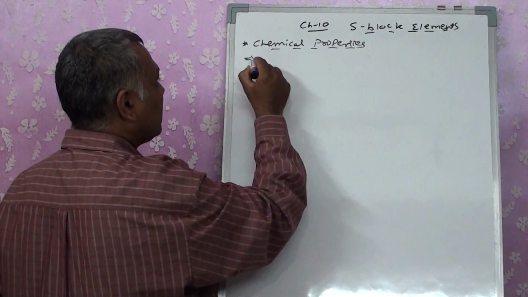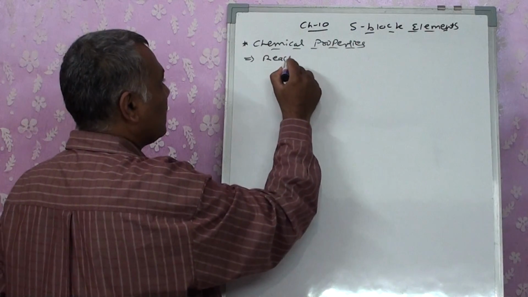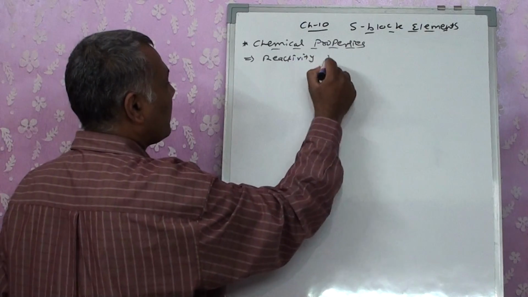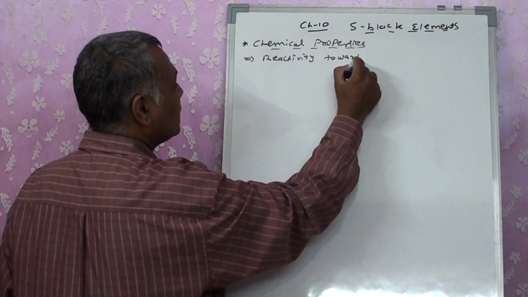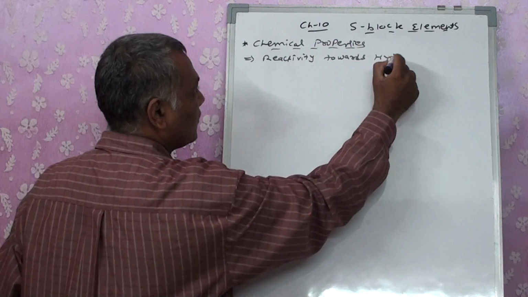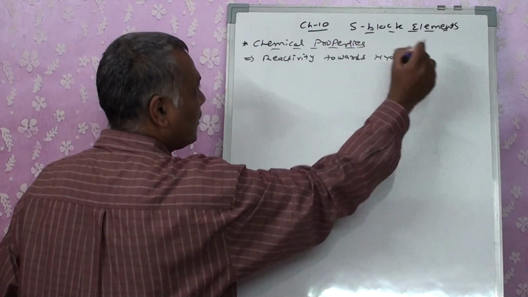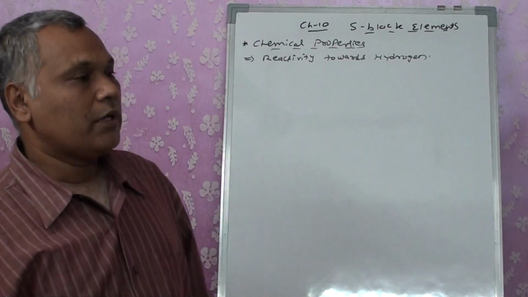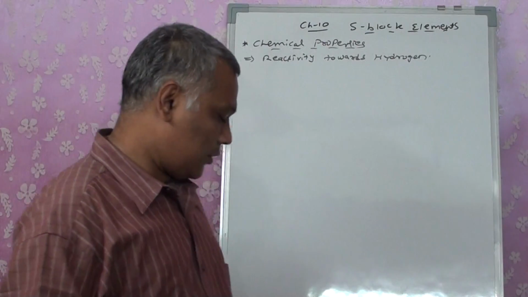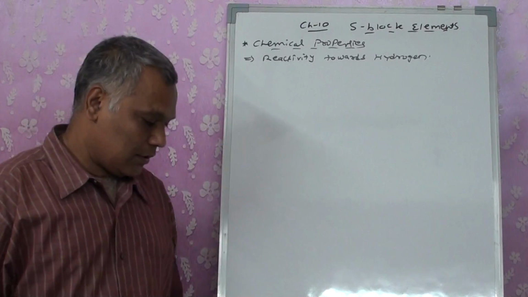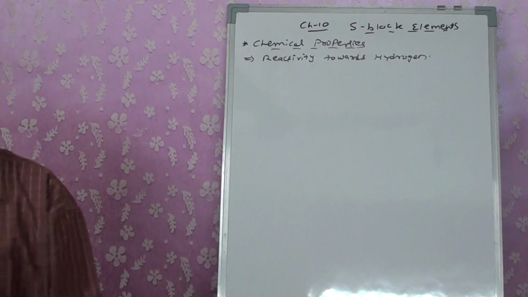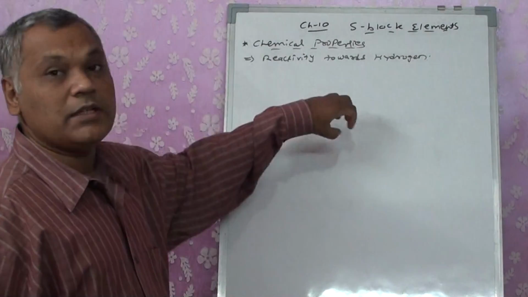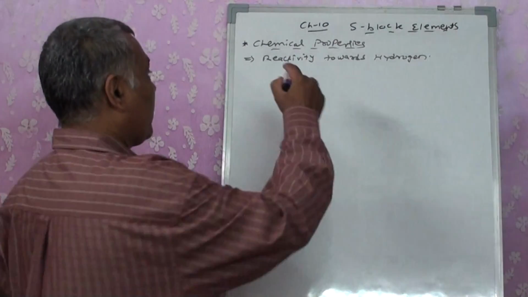the first one, that is reactivity towards hydrogen. Now, when we discuss the reactivity towards hydrogen, these elements are going to react with hydrogen very easily. They are metals.